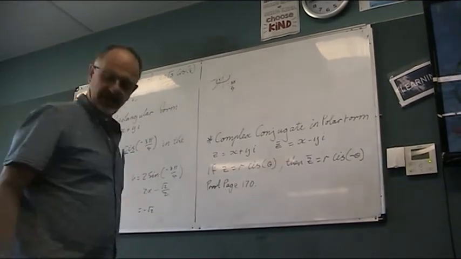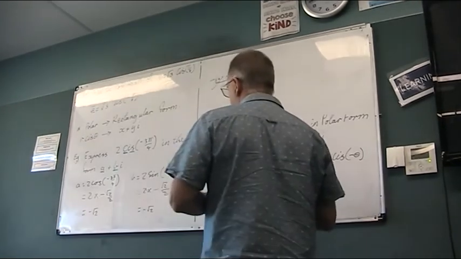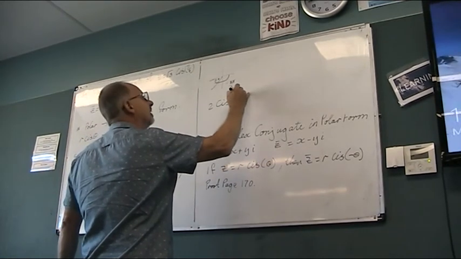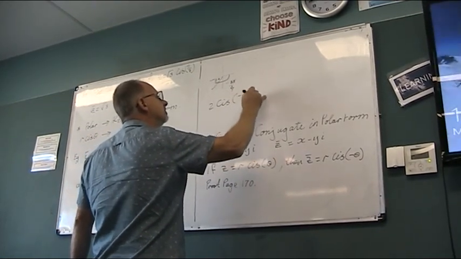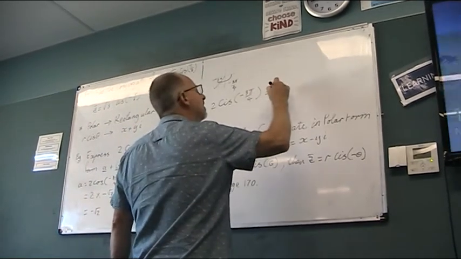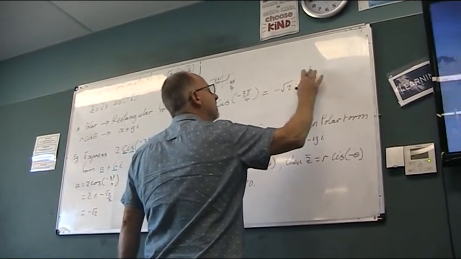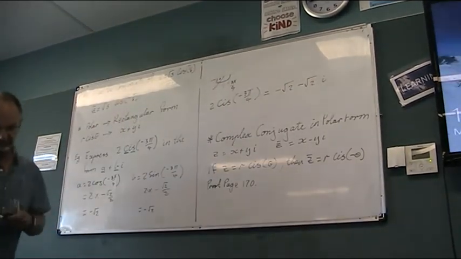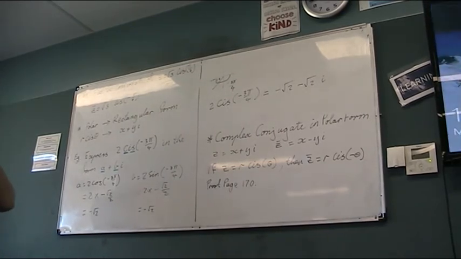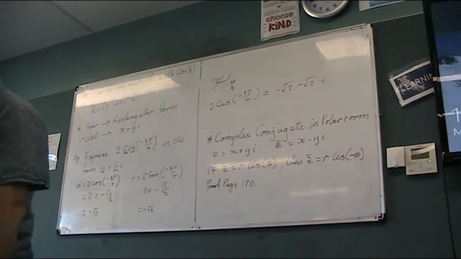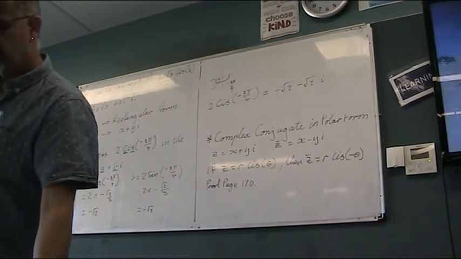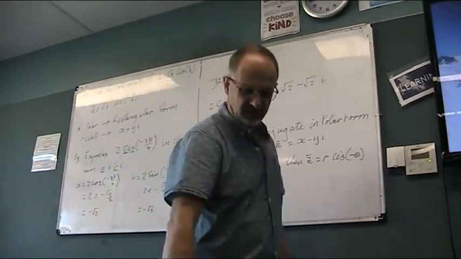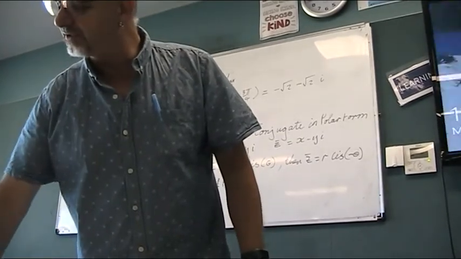So what that means then is that our complex number, 2 cis negative 3 pi on 4, is equal to negative root 2 plus negative root 2 i. All right, anything there I went too fast over? No. All right, so also in exam 2 you've got your calculator, you can do this on your calculator.